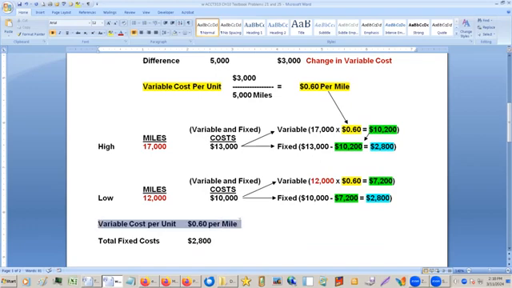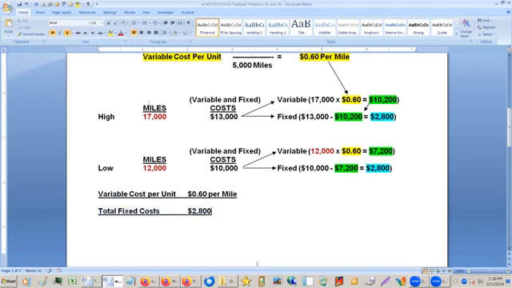So this is what they're actually asking for down here. Well, actually, they're asking for the equation. The equation would look like this. So total cost would be equal to, and X equals miles.